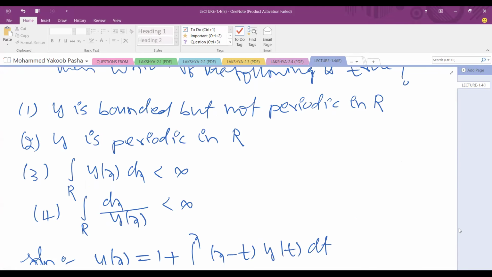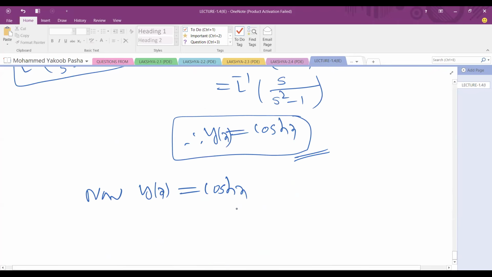Modulus of f of x is less than or equal to some positive real number. Is there any positive number that exists for modulus of cos hx? Cos hx means e power x plus e power minus x by 2.